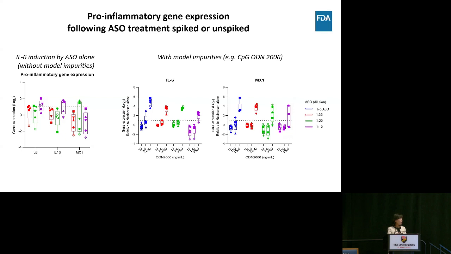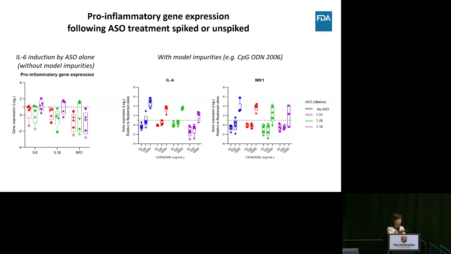So we spiked this ASO with CpG at different concentrations to see whether we can detect the signals. This blue part is without ASO, and this part is with ASO at the highest concentration. These are dose-dependent responses to the CpG ODN.